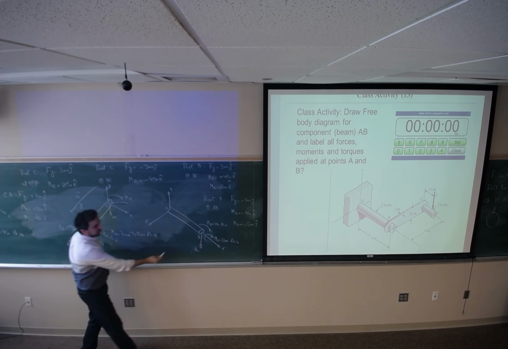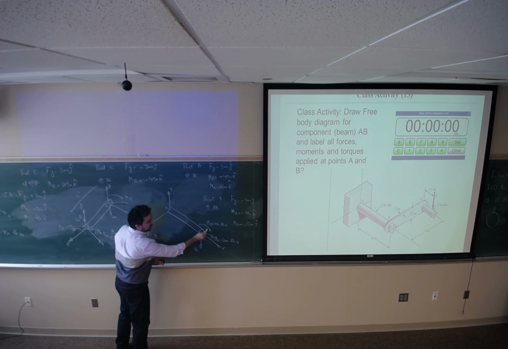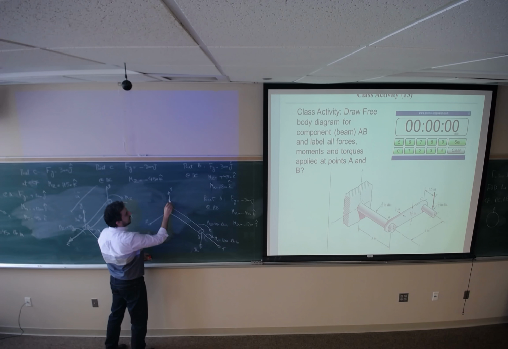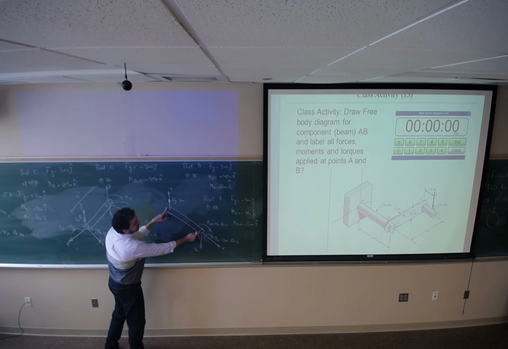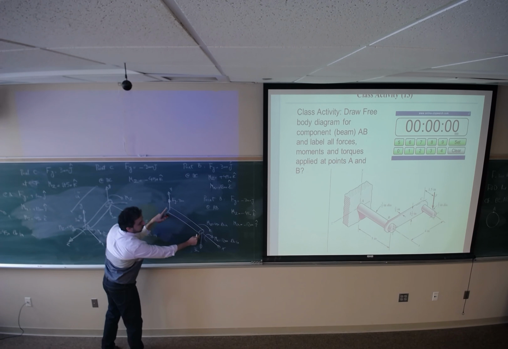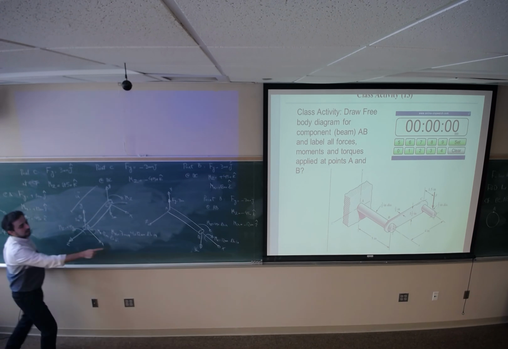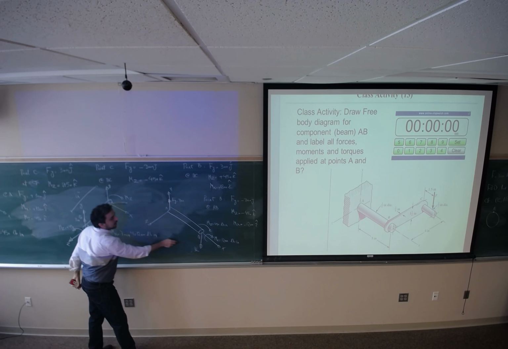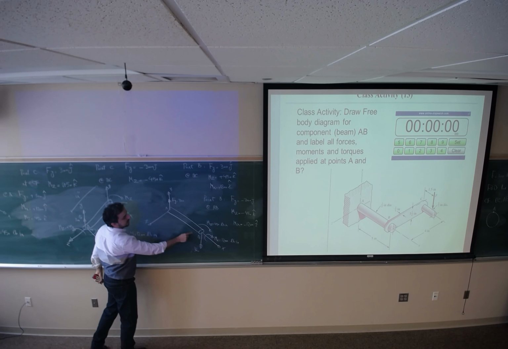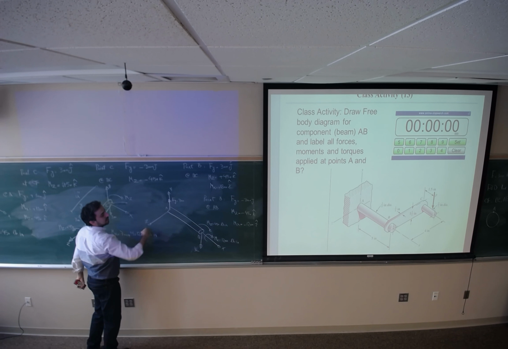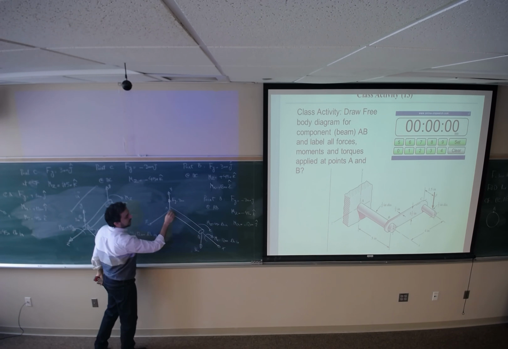I covered this moment, and this force. The only thing left is this force has a distance from point A, so it's making moment. This is in y direction, this distance is x direction, so the moment is not in z direction. Y, x, the other one is going to be z.